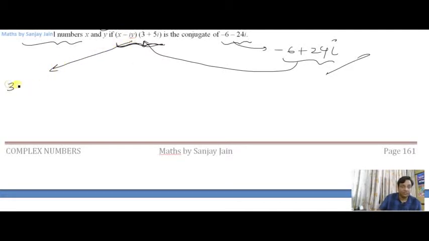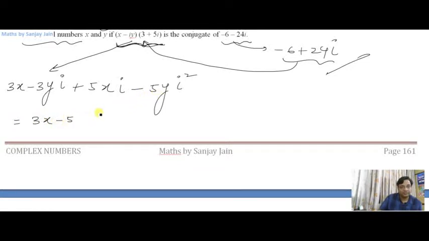So this will be 3x minus 3y iota plus 5x iota minus 5y iota squared, and I can write it as 3x minus 5y, or, since iota squared is minus 1, this will be 3x plus 5y.